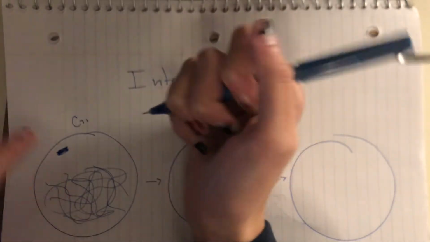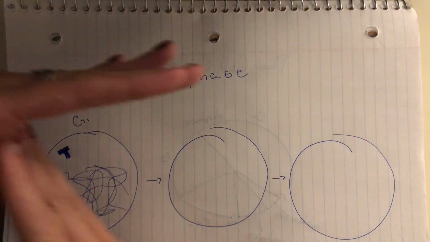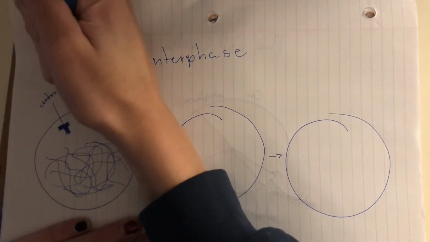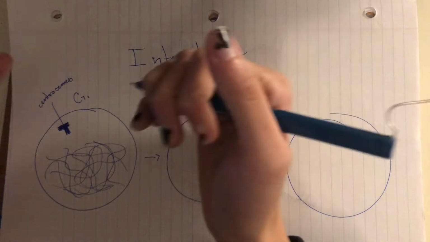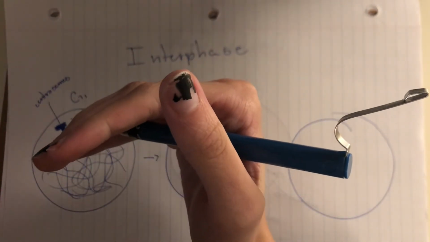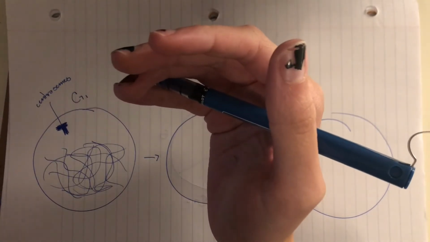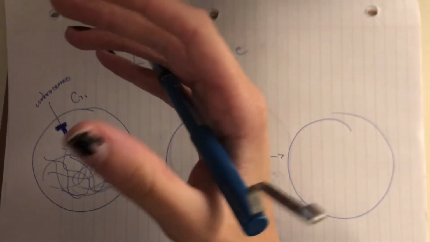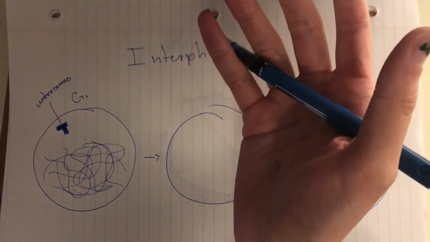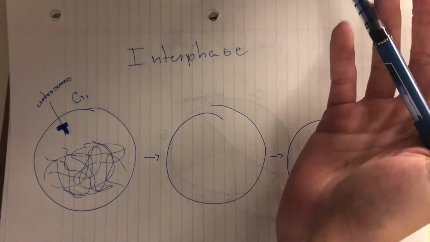It consists of two perpendicular structures called centrioles. Each centriole is composed of a bundle of microtubules, and microtubules are a type of motor protein. They move and they cause things to move. You'll see what I mean by that as we get further into actual mitosis, and they do a lot more movement.